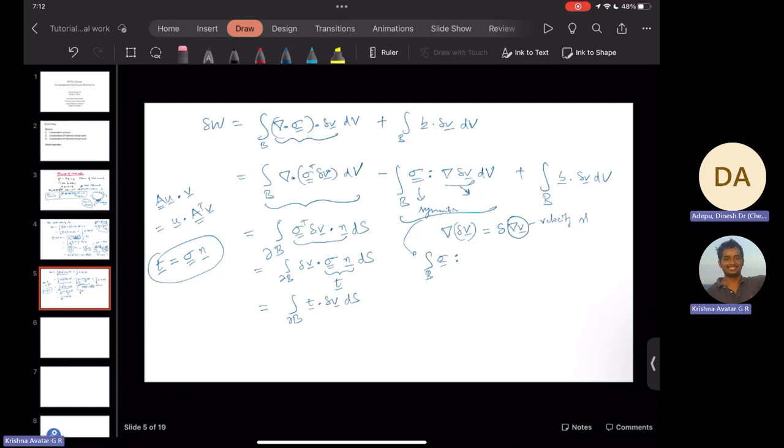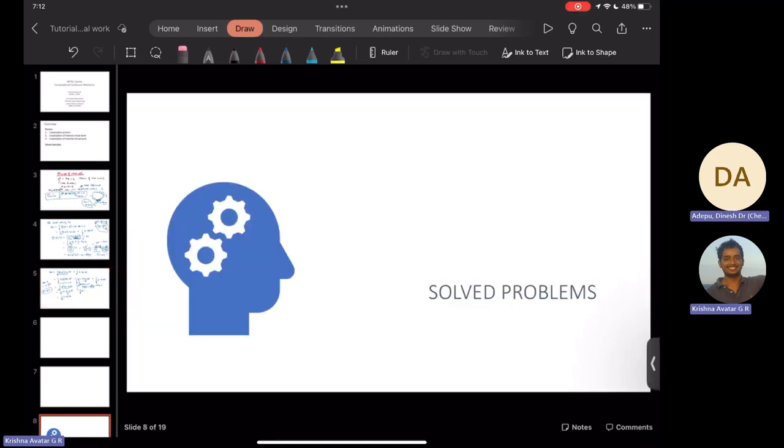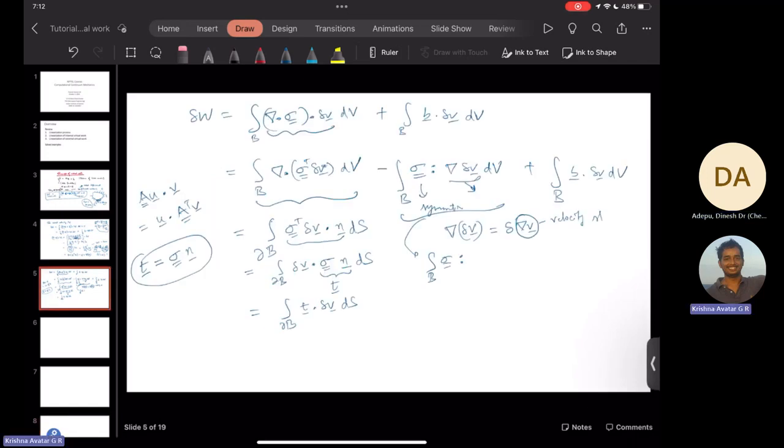Looking at the dimensions, velocity is meter per second and grad is per meter, so it is per second. So we call it either velocity gradient or strain rate tensor.